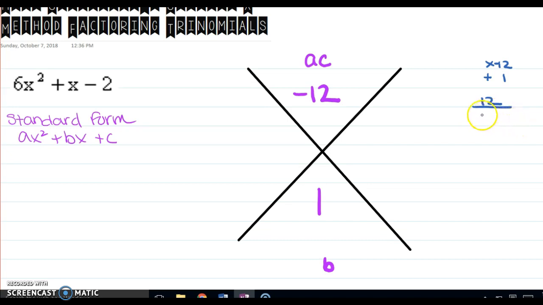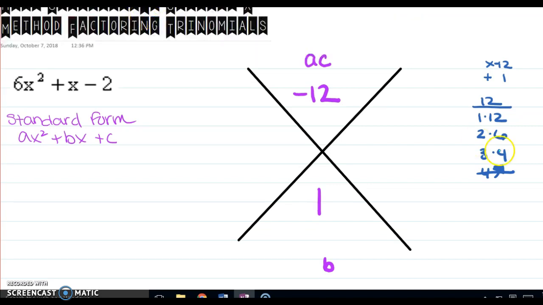We know that factors of 12 are 1 times 12, 2 times 6, 3 times 4. And then once we get to 4, because we already have 4 on the list, I know that I can stop listing factors. So out of those, if I were to add or subtract them, no matter where the signs were, which ones would add or subtract to a positive 1?